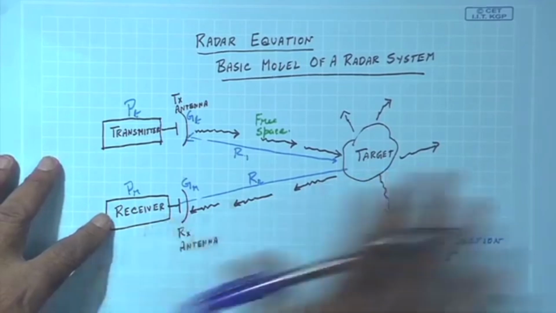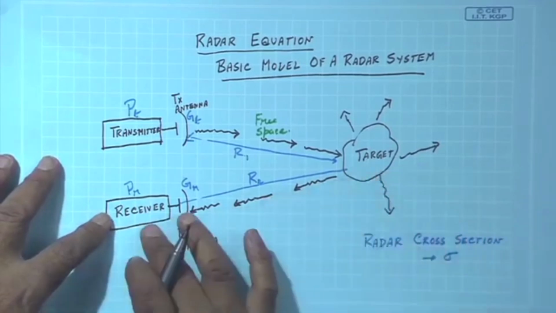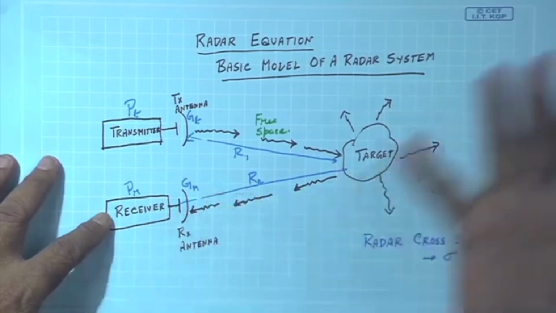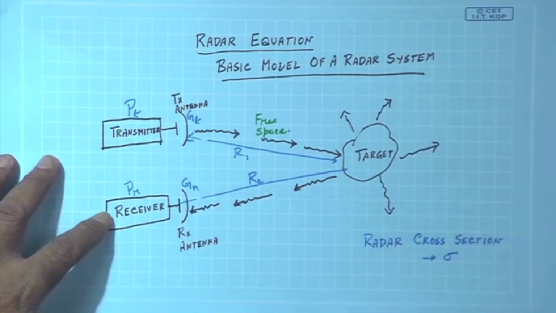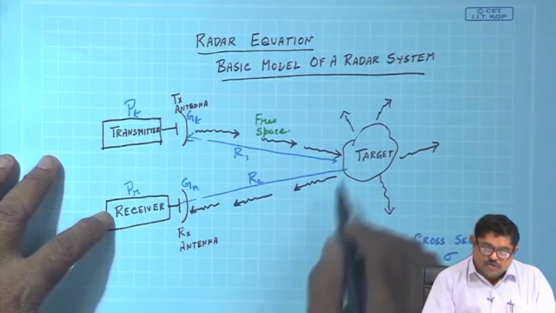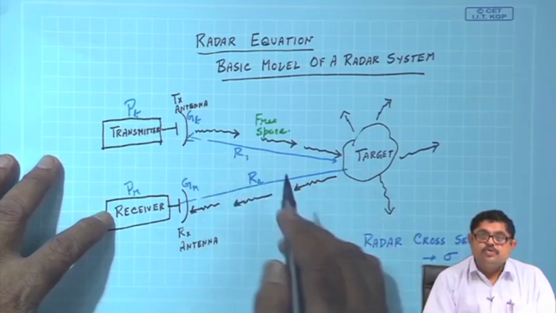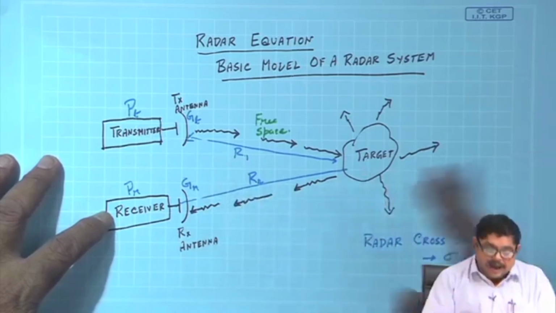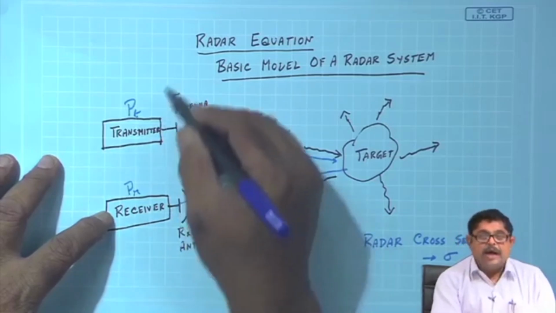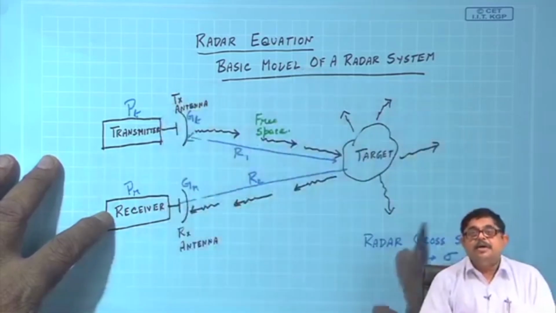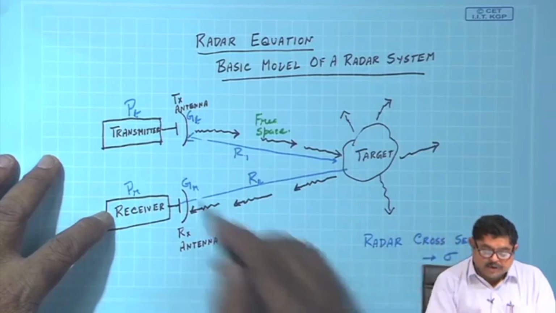These are all assumptions of this model, and in radar that is mostly valid, because radar sees at kilometer sort of distances, several hundred kilometers. So, we can say that R1, R2 both are very large compared to the dimension of this antenna, or the far field, which is 2d square by lambda, typically we call it.